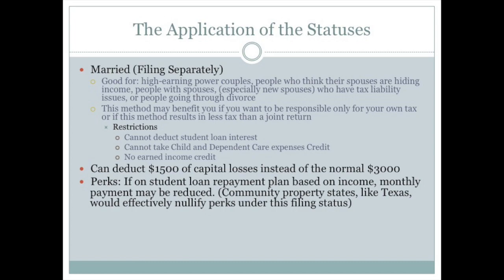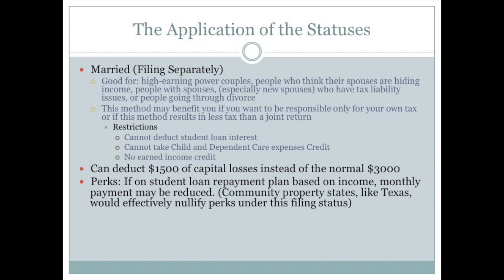Restrictions include that the taxpayer cannot deduct student loan interest, the taxpayer cannot take the child and dependent care expenses credit, there is no earned income credit available to the taxpayer, and the taxpayer can only deduct $1,500 of capital losses instead of the normal $3,000.